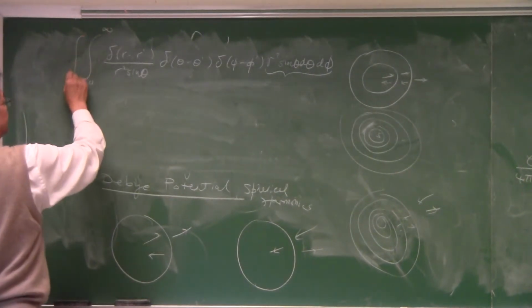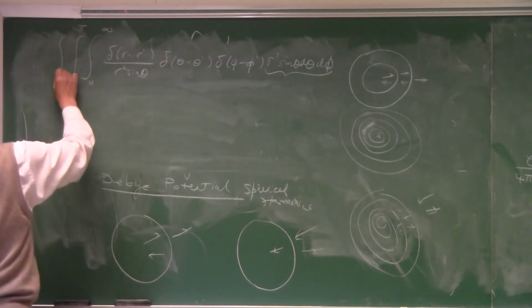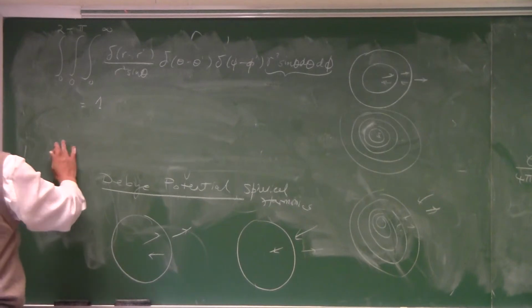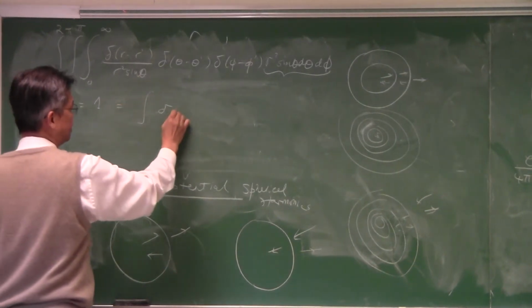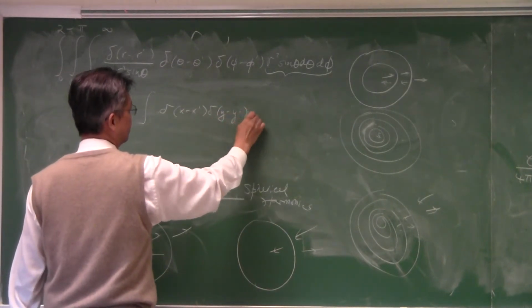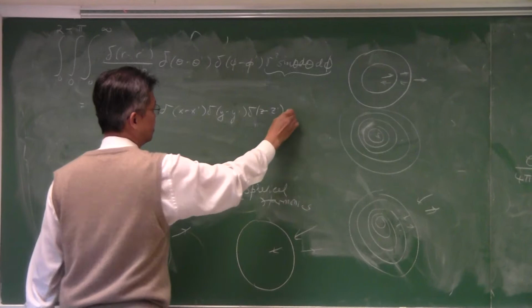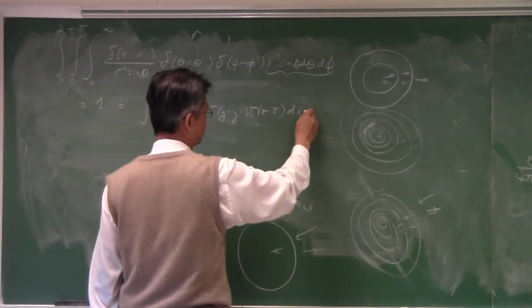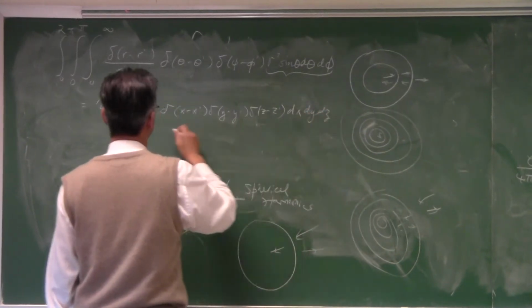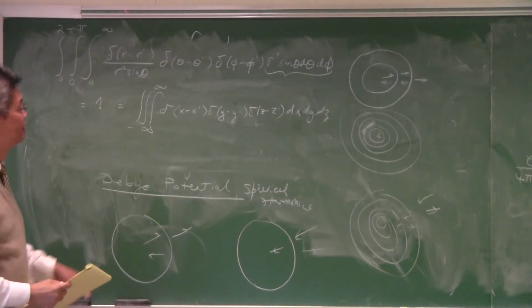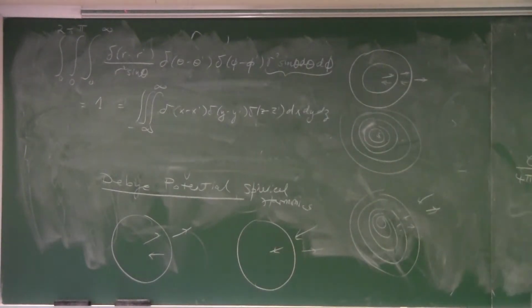We go from 0 to infinity, theta goes from 0 to pi, and phi goes from 0 to 2 pi. Right? And this should be equal to 1. And that should be equal to delta x minus x prime, delta y minus y prime, delta z minus z prime, dx dy dz. Both of them should be equal to 1. That's why the Dirac delta function in the spherical coordinate system is expressed in this manner.